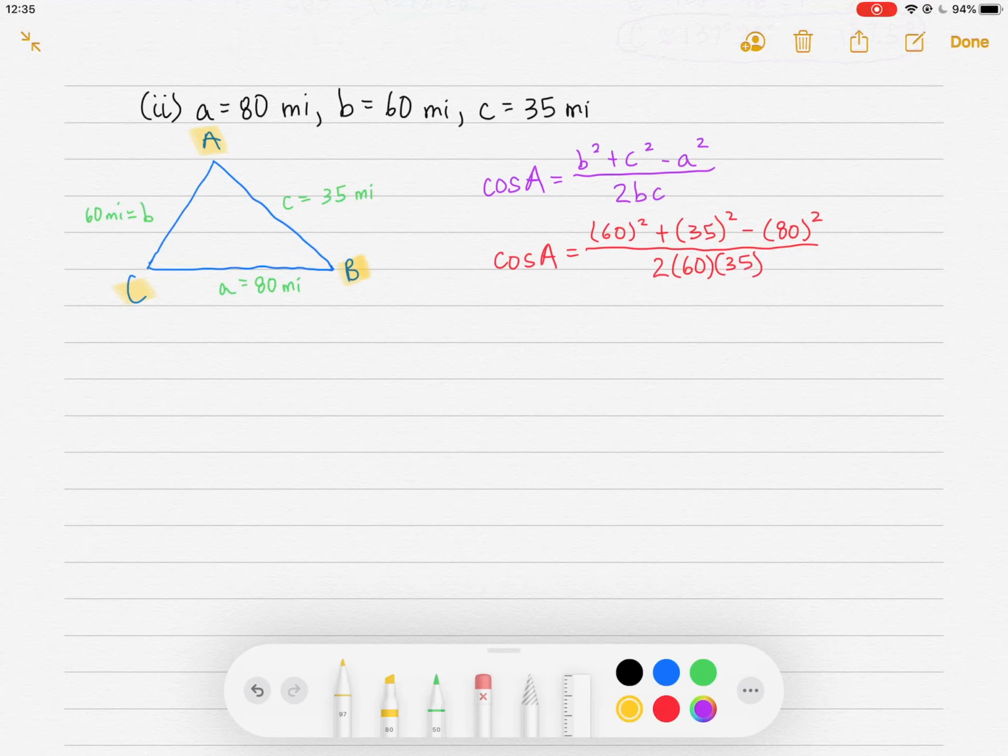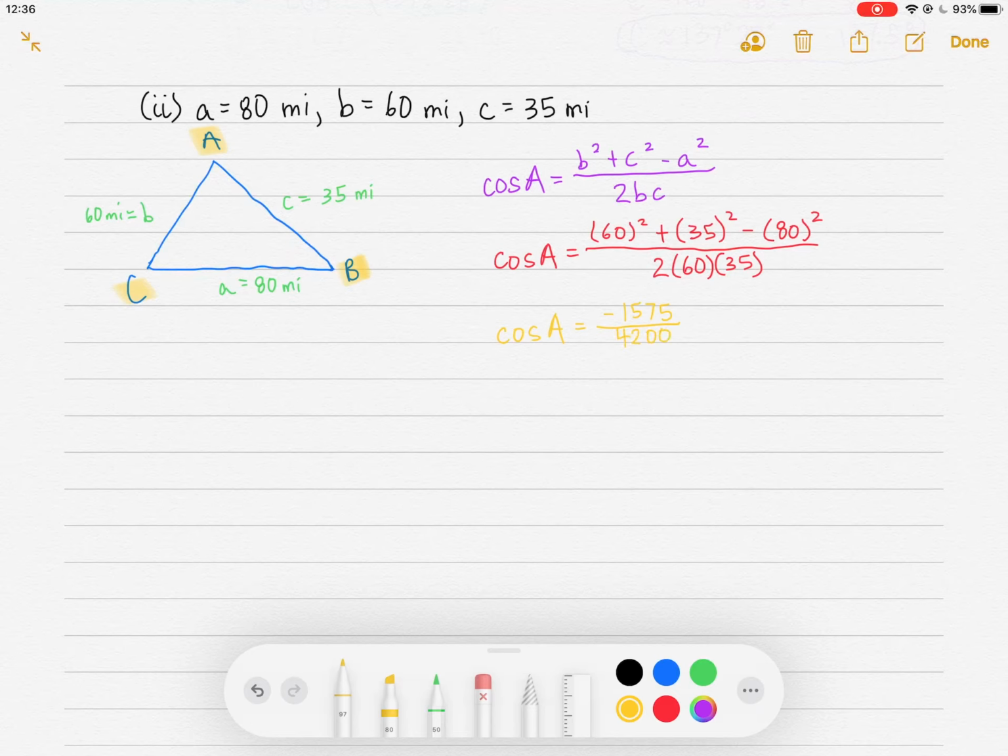So our cosine of big A is equal to, just type it all in your calculator, 60 squared plus 35 squared minus 80 squared is negative 1575, divided by 2 times 60 times 35, which is 4,200.